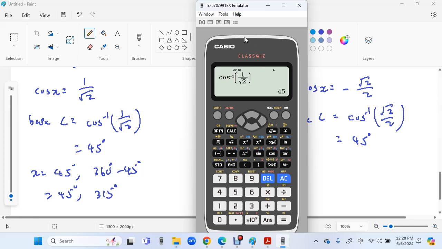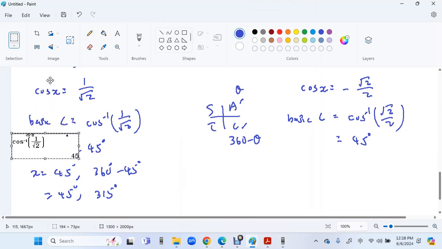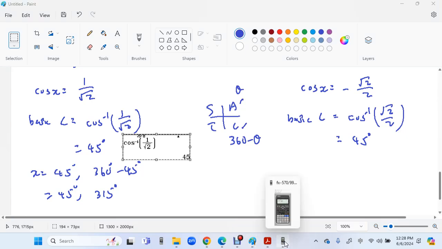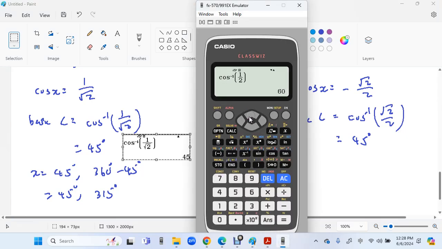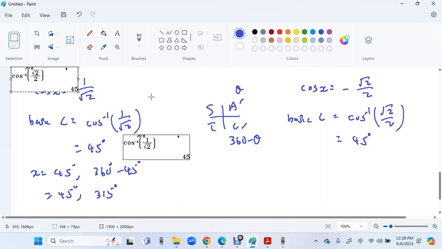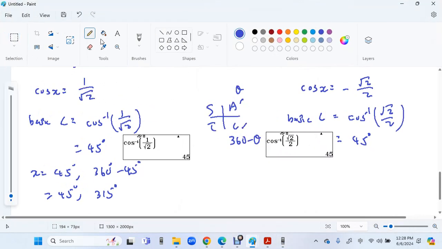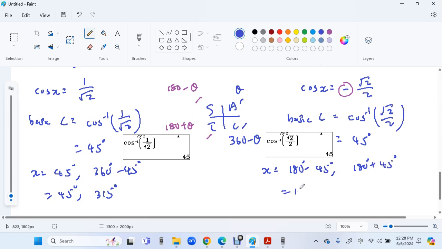So the x is in the negative, second and third quadrant, 180 minus and 180 plus. So we have 180 minus 45 and 180 plus 45, so this is 135 and 225 degrees.